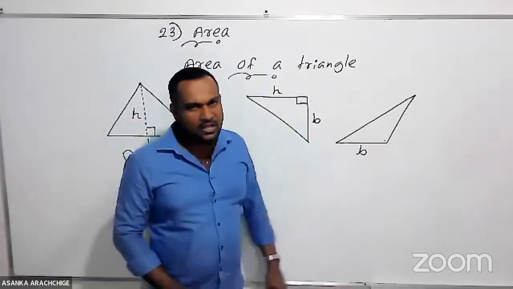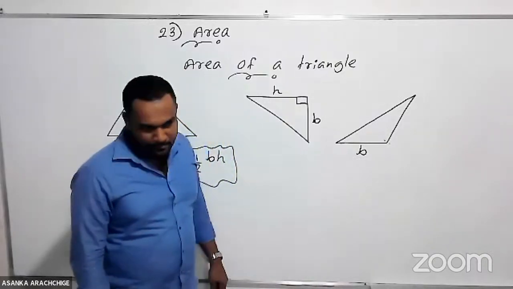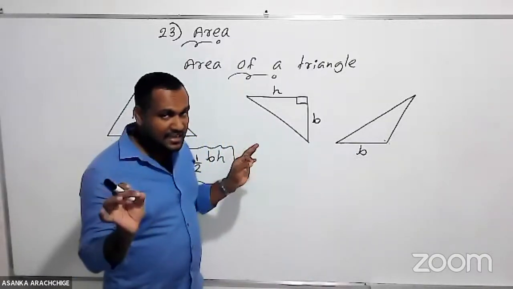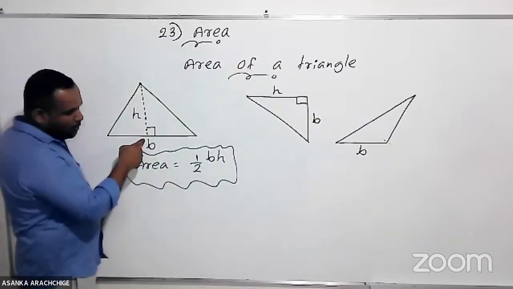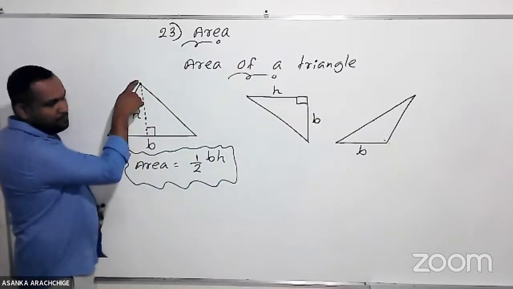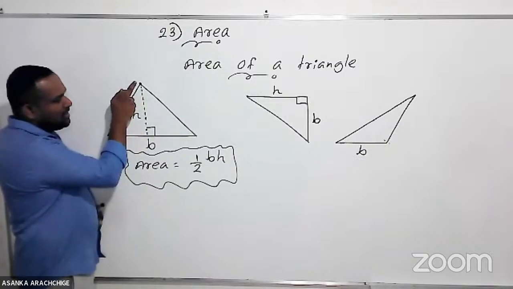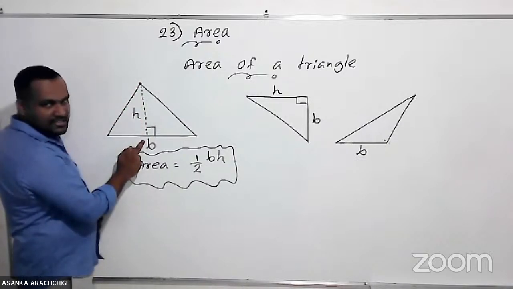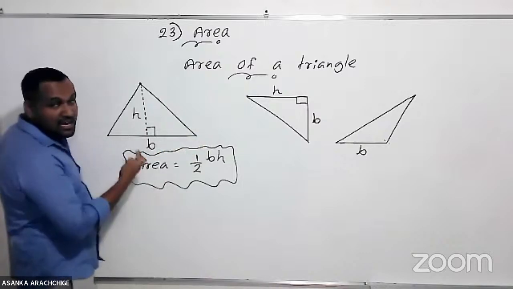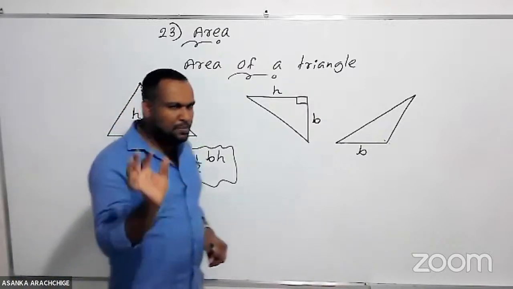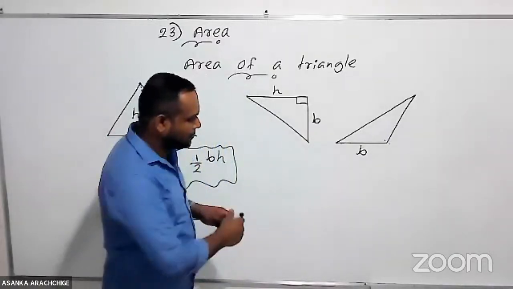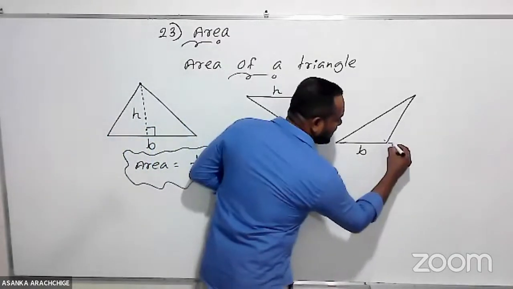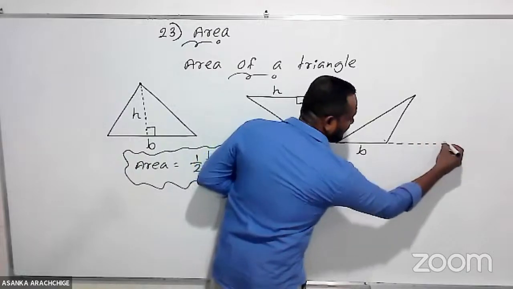But here we can't do it so. That is why I said the perpendicular is drawn from the vertex opposite the base to the level of the base, not the base itself. Therefore, you can produce this base line straight.